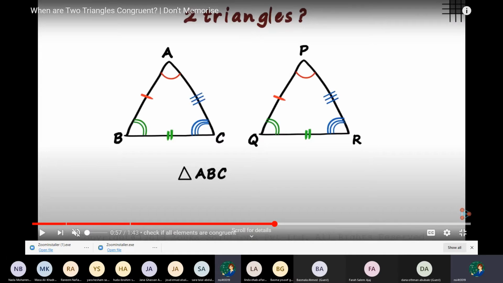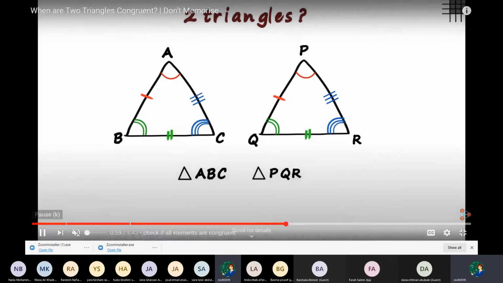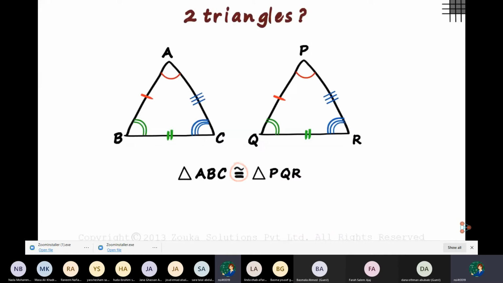And also, angle A is congruent to angle P, angle B is congruent to angle Q, and angle C is congruent to angle R. Since all the angles and all the sides are congruent, I can say that triangle ABC is congruent to triangle PQR.